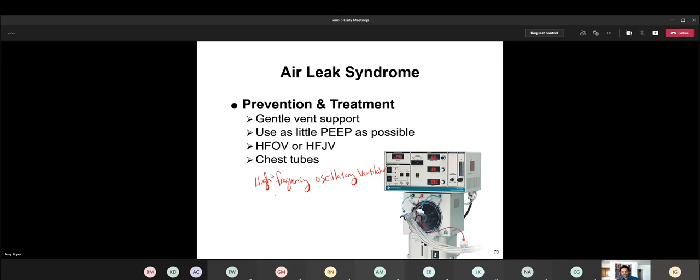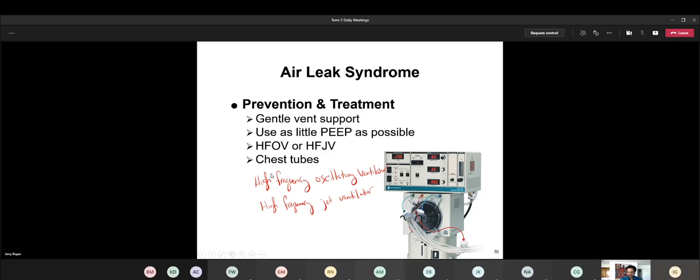And then the high frequency jet ventilation, another form of high frequency ventilation, except the machine looks a whole lot different from this one. And there's some other distinguishing things as well that we'll talk about in the upcoming chapter.